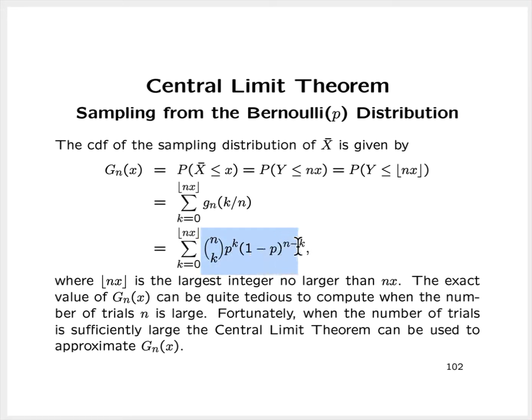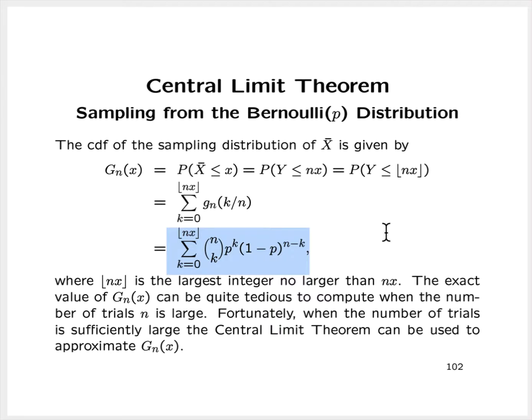And so we're just adding up values of the PMF of the binomial distribution. What we're doing is expressing the PMF of x bar in terms of the PMF of a binomial random variable y. Now, this expression is succinctly written, but its calculation is fairly tedious. And if n is large, then this is going to involve a lot of computations. And we may not want to do that.